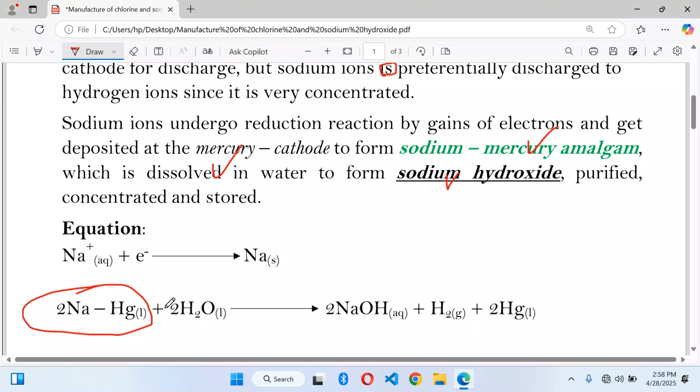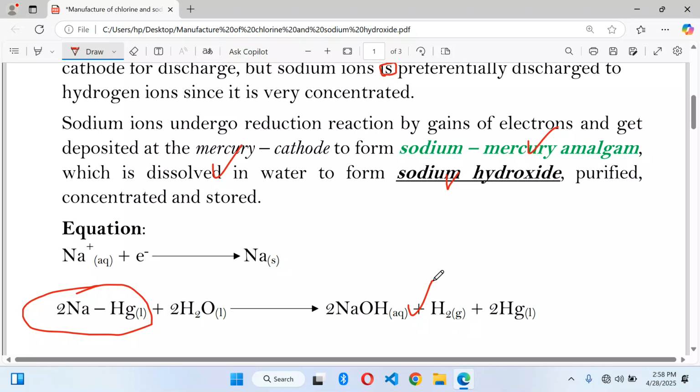And now when it is dissolved in water, that's when it forms sodium hydroxide plus water and then mercury. So that is all that we needed to know about what happens during the manufacture of sodium hydroxide.